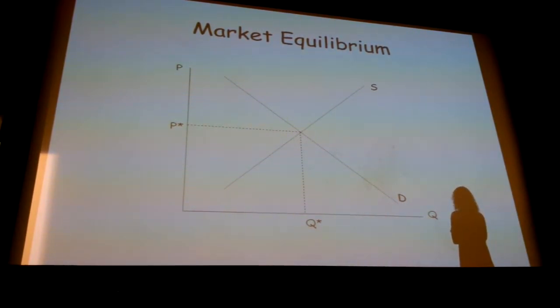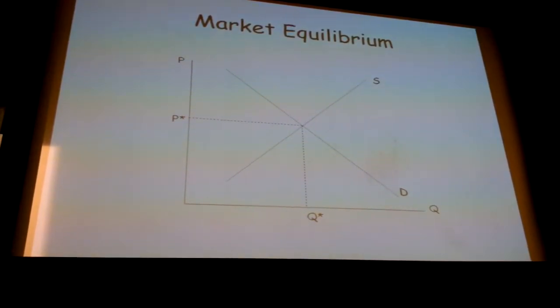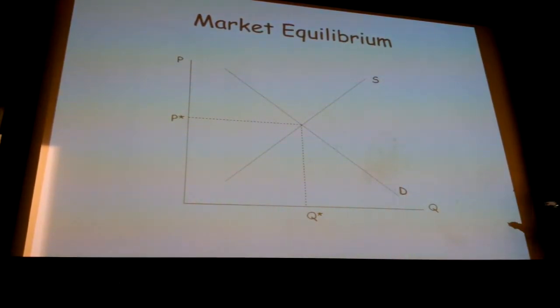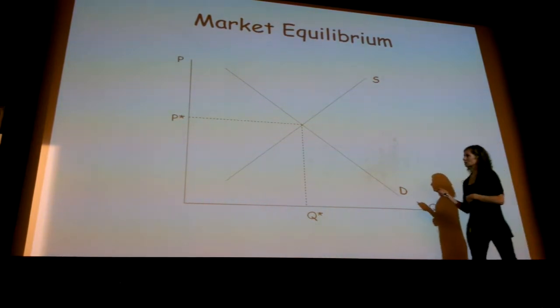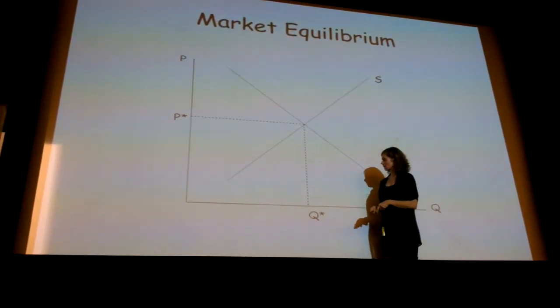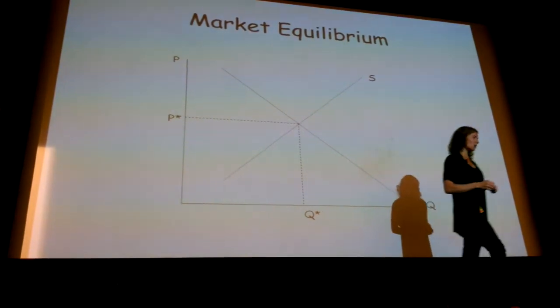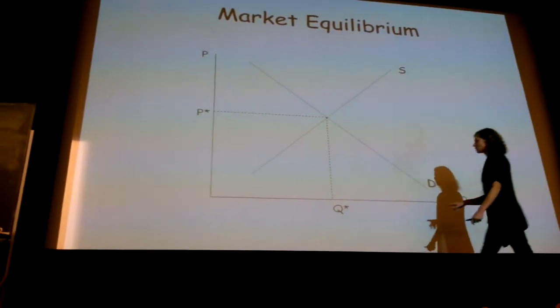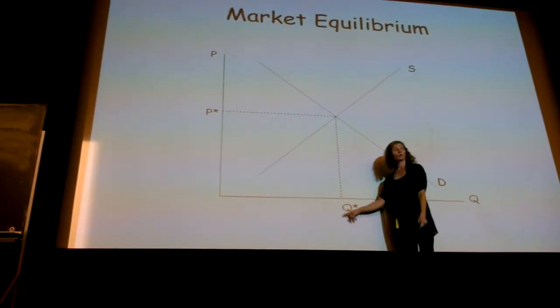Okay. Great. All right, so let's jump into talking about some material. We have been talking about market equilibrium, and I talked toward the end of class yesterday, Wednesday, about the fact that the market equilibrium does a nice job of answering those big questions we were talking about. So how much gets produced? That's Q star. Who produces it?